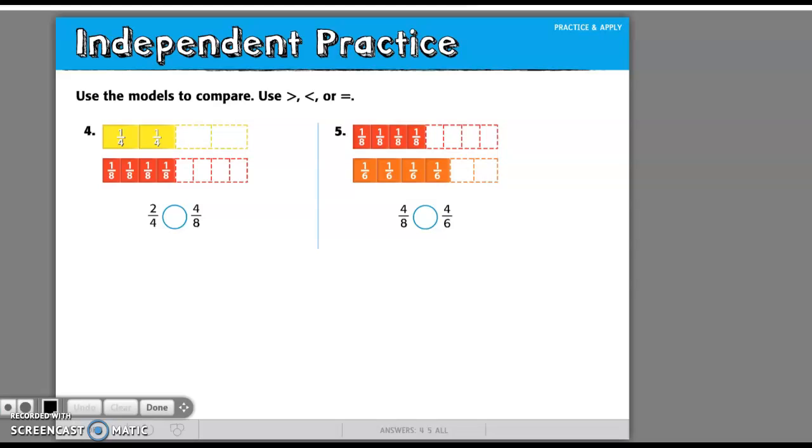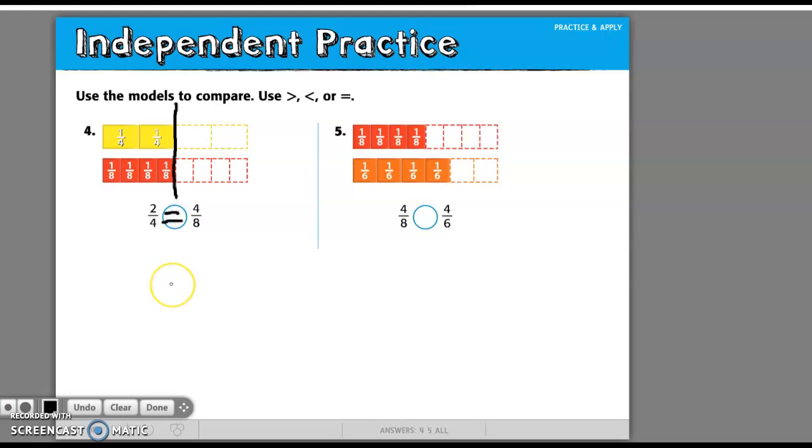We can use models to compare also, as well as number lines. On these two problems, they are cutting the 1 whole into different amount of pieces. On the first one, you have fourths and eighths, 2/4 and 4/8. If you look, you can see that 1/4 and 1/8 end in the same place, so they are equal.